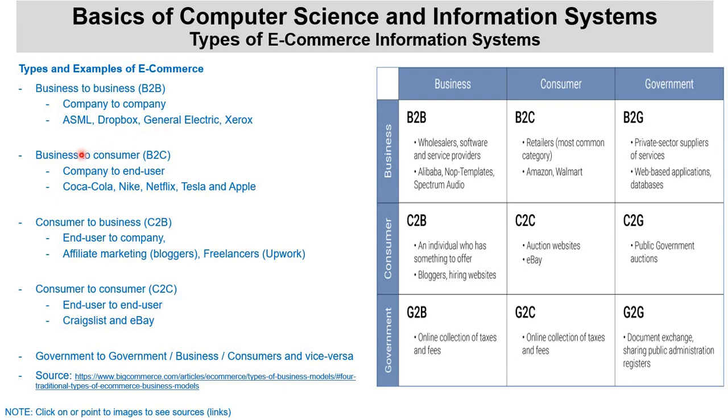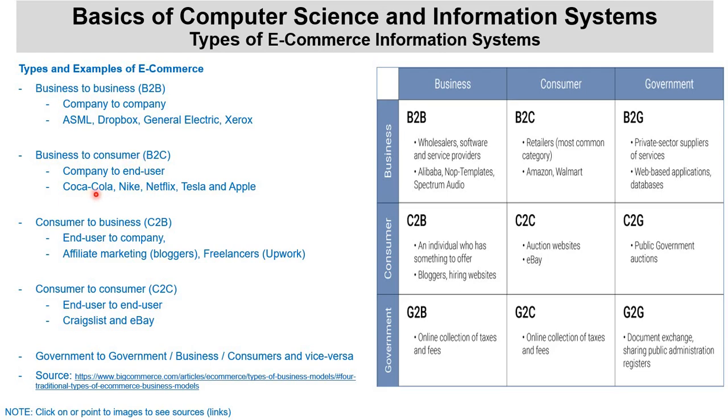And here there's another one, which means if you have a company, but instead of selling to another company as end user, you sell to a consumer, like an individual or a group of people who are not really a business organization themselves. And this is called B2C, business to consumer, because the business represents the company and the consumer represents individuals, which are not big companies on their own.